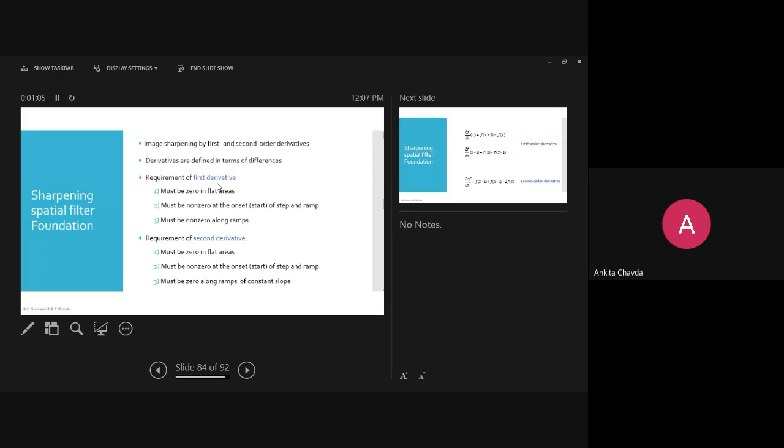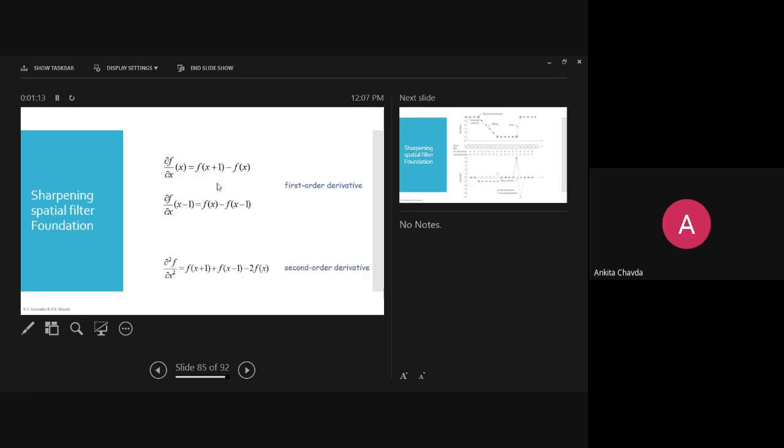So we had 5, 4, 3, 2, 1 and so on, right? It has non-zero values along your ramps, right? So you can directly check this formula. The derivative of f of x equals f of x plus 1 minus f of x. That is my first derivative. So what is my f of x plus 1 and what is f of x?